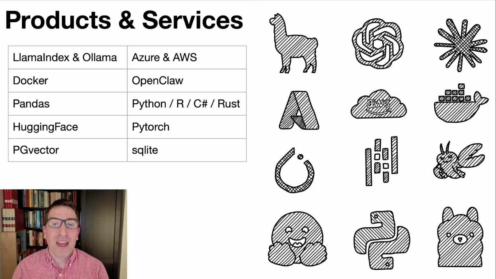I work in Python, R, C#, and I'm trying to work more in Rust. Hugging Face has, of course, all sorts of interesting transformers that I use at various points in these pipelines. And for agent memory, you have pgvector, SQLite, and LanceDB, which is not on there. All really helpful products when you're trying to make an agent memory.